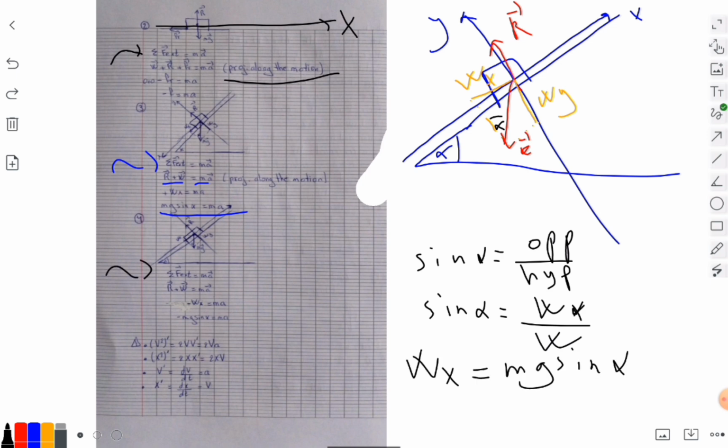So applying Newton's second law, the sum of external forces equal ma. We obtain R plus W equal ma. In this case, Wx is on the opposite side of the x-axis, so by projection minus Wx equal ma, and the reaction of support equal to 0. So we obtain minus mg sine alpha equal ma.